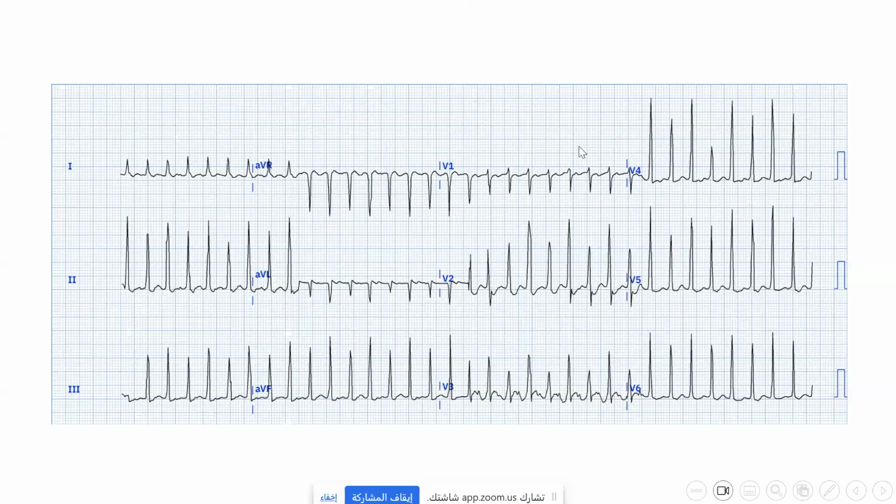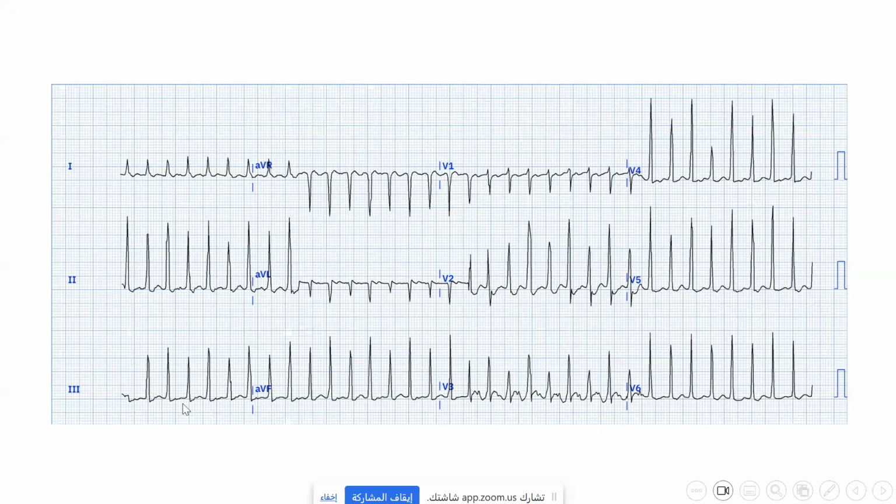Okay. You can appreciate from this ECG, this is a 12 lead ECG as you see, and this is a narrow complex tachycardia. The narrow complex tachycardia looks regular. So the second step is to look for the P wave or atrial activity and look at the relationship between this P wave and the QRS complex.